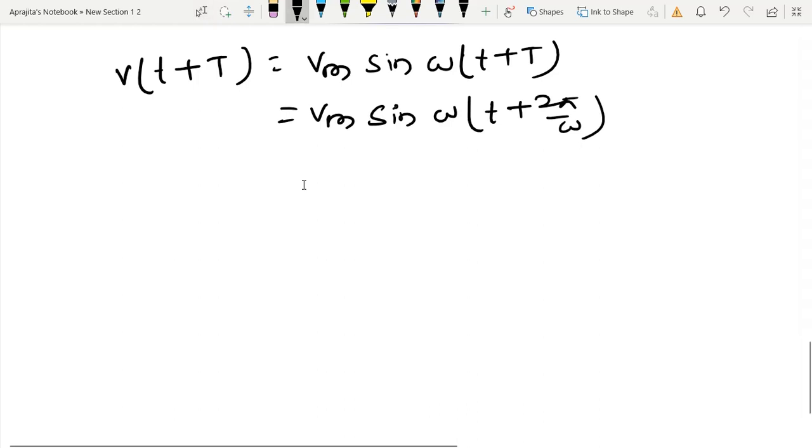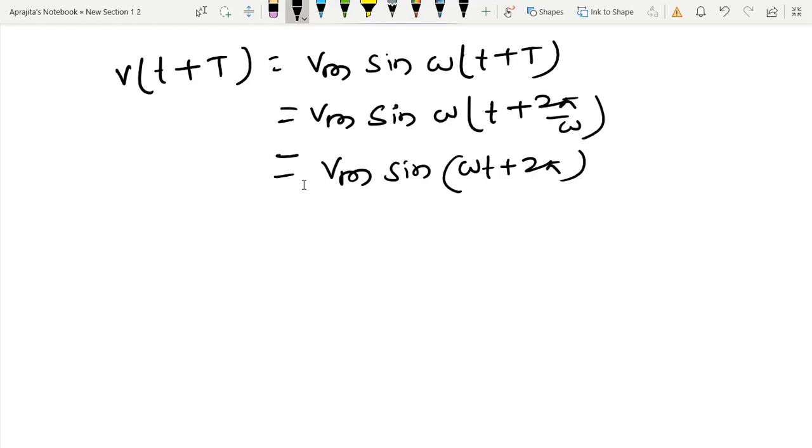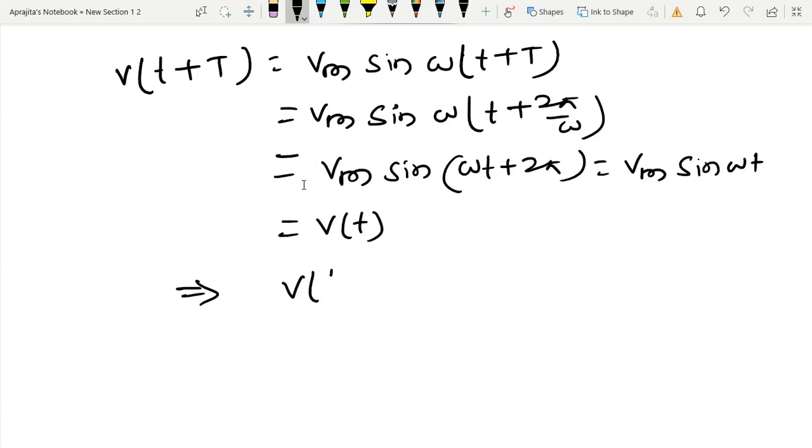Further I can write Vm sin (omega t plus 2 pi), which is equal to Vm sin omega t, and basically that is exactly equal to V(t). Therefore I can write V(t plus T) equal to V(t).